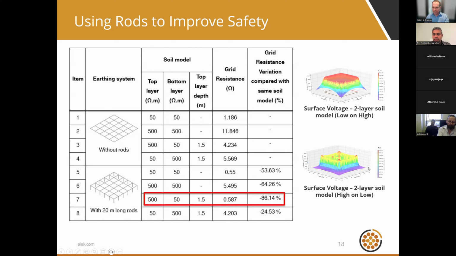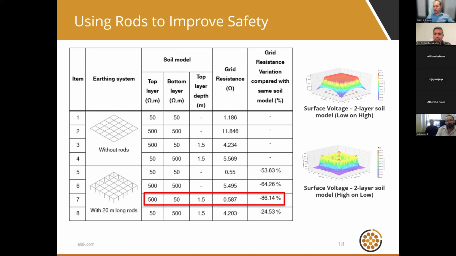You can see on the right-hand side the very different voltage profiles. This is ground surface voltage when we have different soil layers or different soil conditions. So we've got a low resistivity on a high resistivity. What happens is ground surface voltages tend to stay up in the shallow layers, and they tend to spread out.